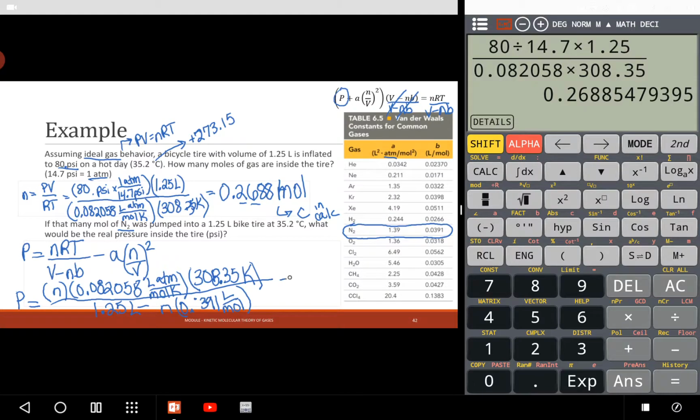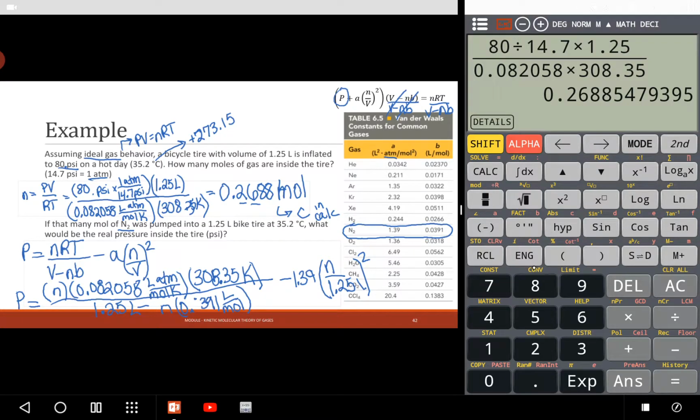And then I have to subtract out my a, which is 1.39, and then I have my n value again. I know I left off the units of a. I'm running low on space, and my tablet's not responding too well.